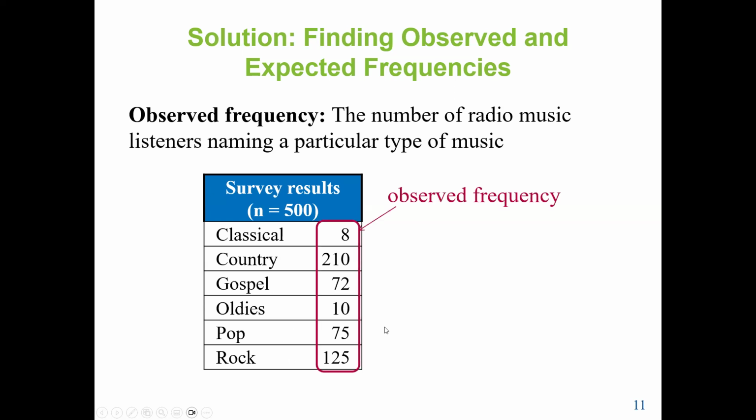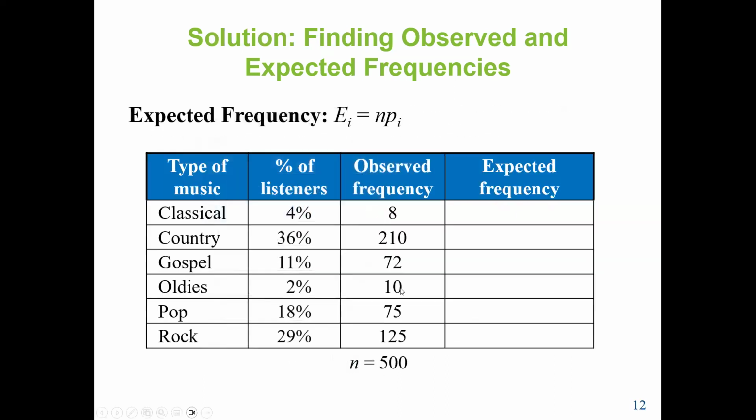So now we can find the observed frequency, because this is what is given to us based on the sample we collected. Again, the type of music is 6 different categories. Remember, this is our percentage of listeners, the claim. We already found the observed frequency, which is the sample we collected.